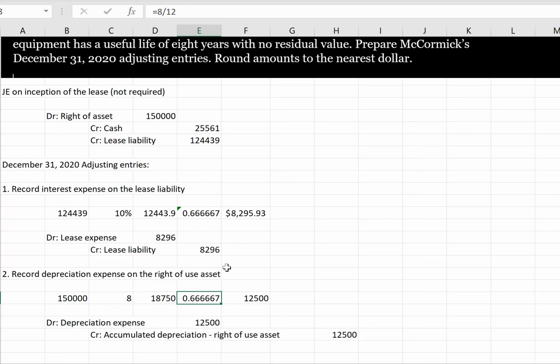So therefore we prorated it by 8 over 12, and that gave us the 12,500 that we recognized as depreciation expense and accumulated depreciation, a right of use asset. So you can see we're decreasing the right of use asset through an accumulated depreciation account, of course, from a net book value perspective, and we're increasing the value of the lease liability each period, each year end.